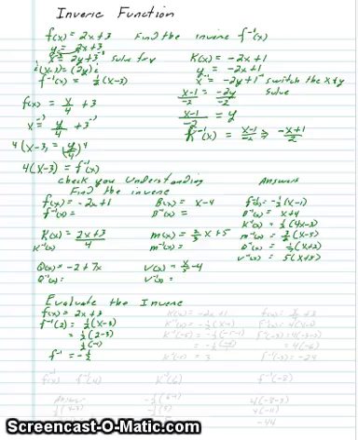Okay, so now let's look at k of x. k of x equals negative 2x plus 1, and the inverse is negative 1/2 times the quantity x minus 1. We're going to evaluate this k inverse at negative 5.